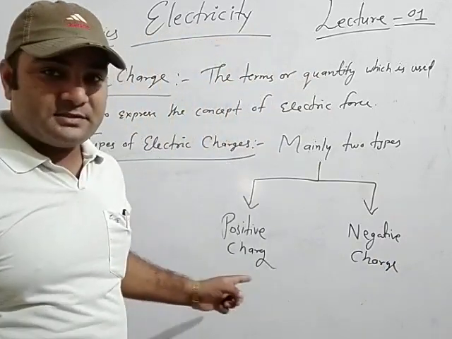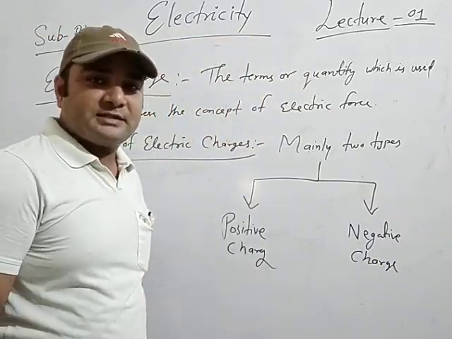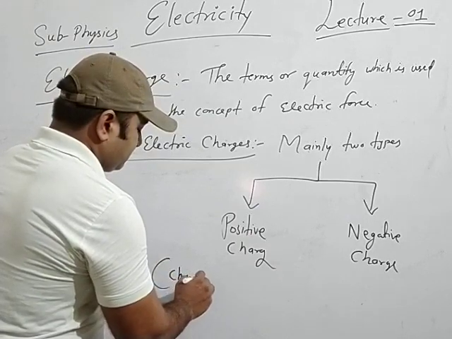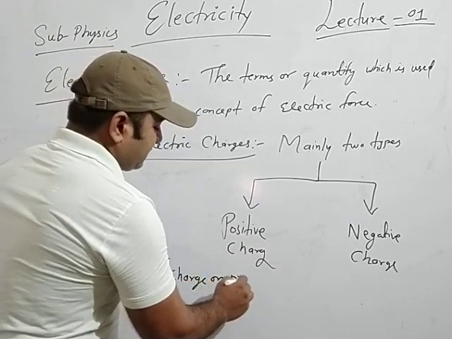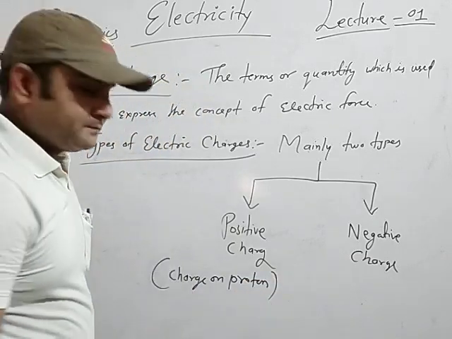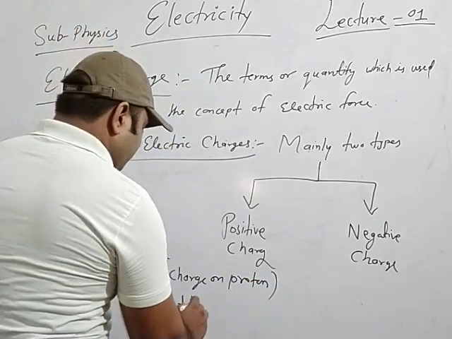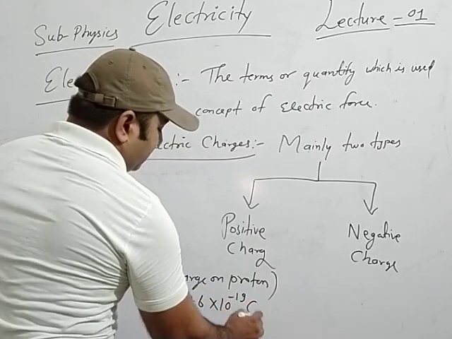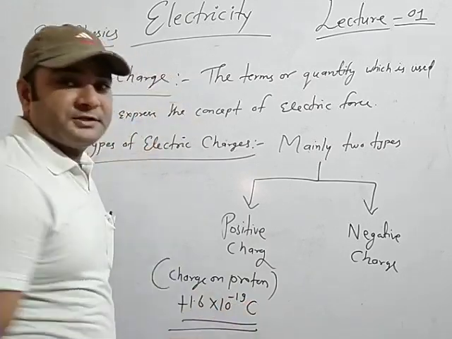Here positive charge means charge on a proton. The value of this positive charge is plus 1.6 into 10 power minus 19 coulomb. This is the value of positive charge.